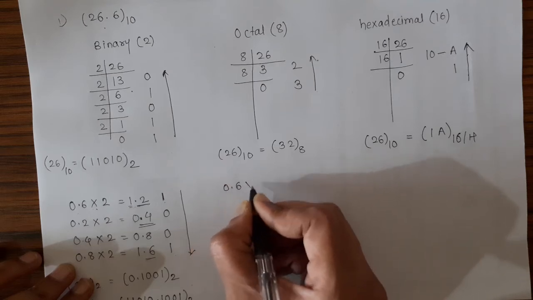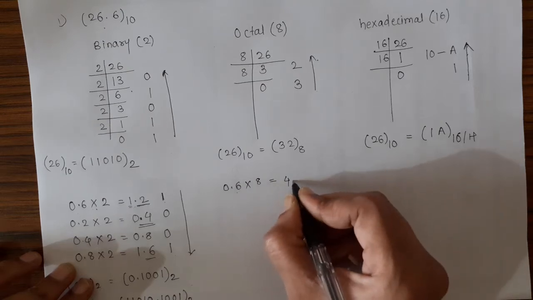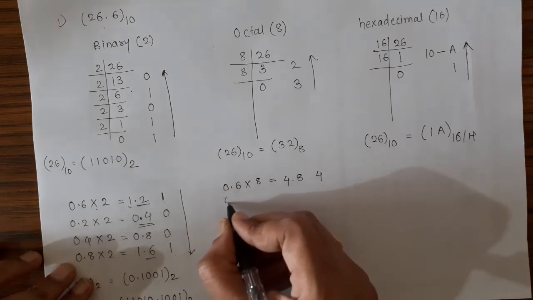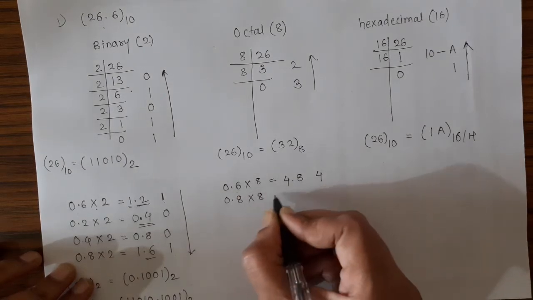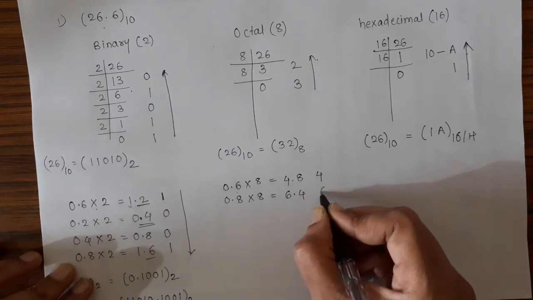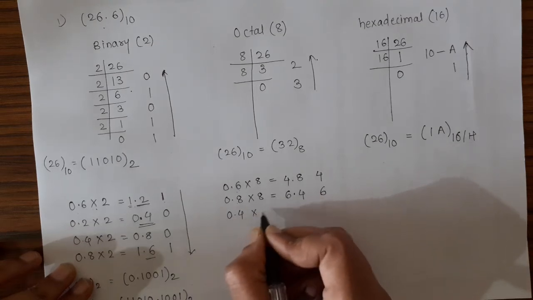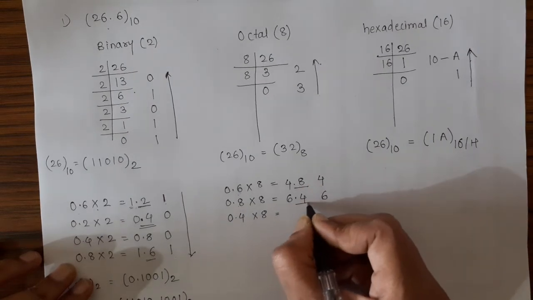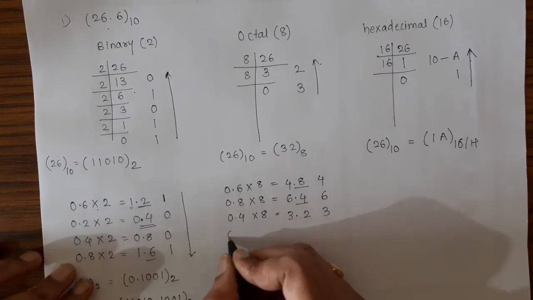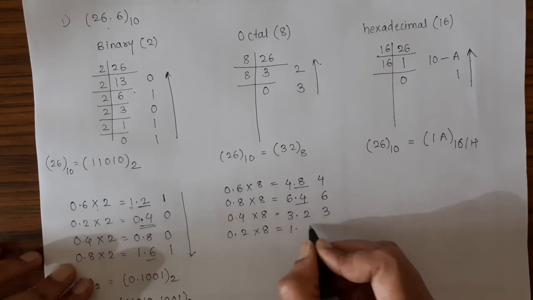So 0.6 will be multiplied by 8. 8 times 0.6 is 4.8, of which the integer is recorded separately and the fractional part is used for further multiplication. 8 times 0.8 is 6.4, again from which the integer is recorded and 0.4 is used for further multiplication. 8 times 0.4 is 3.2, 3 is recorded here, and 0.2 is used for multiplication, giving 1.6.